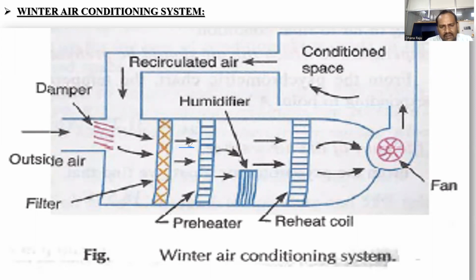Then this clean air is passing through the preheater. Whenever it is passing through the preheater, because the temperature of the preheater is higher than the air temperature, the air gets heated. So the temperature of air will be increased with the help of the preheater.